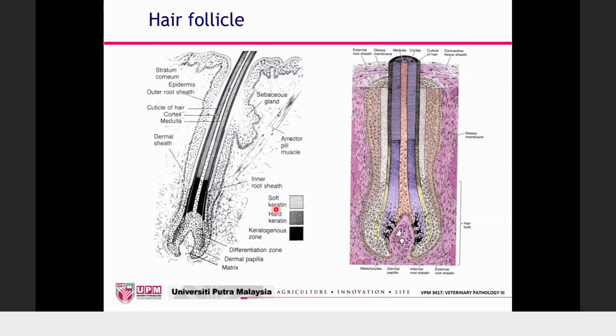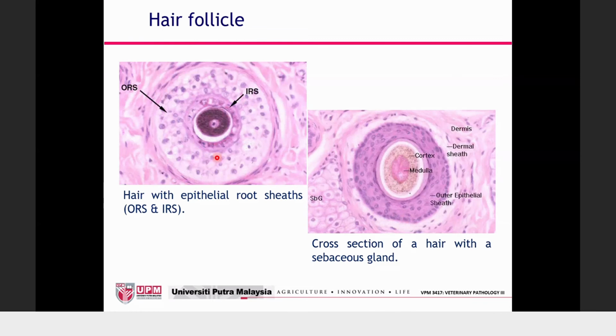Again, the same diagram. Here I would like to emphasize that, as I mentioned, the hair follicle can give color. The color comes from the melanocytes, usually at the hair bulb. So the more melanin, definitely the darker the hair will become. If you do a cross section of the hair follicle, sometimes you see structures like this.